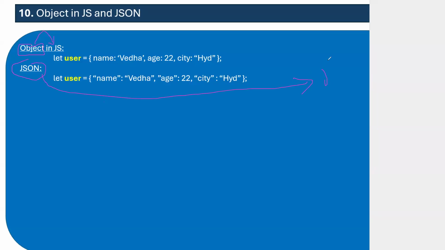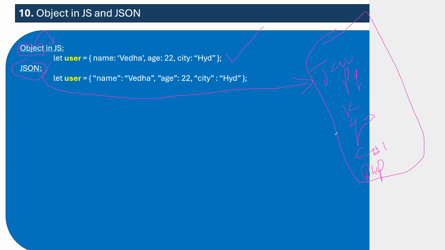Java, Python, Kotlin, Go, C#.NET, PHP, any programming language can understand JSON. The object representation in JavaScript is this way, but the JSON representation is common on every language.